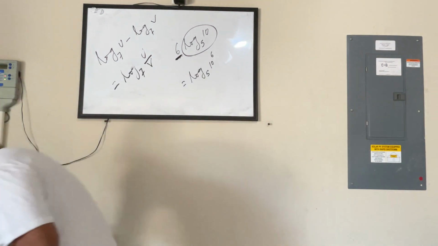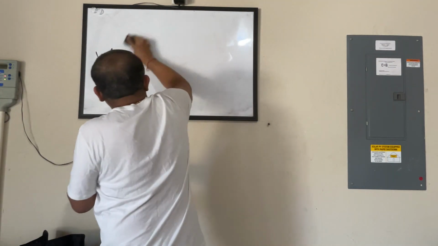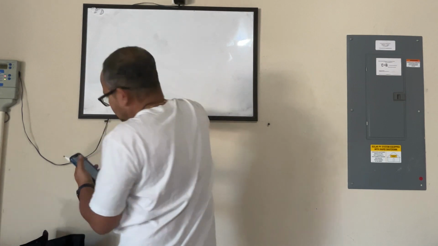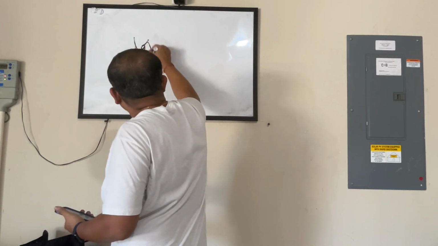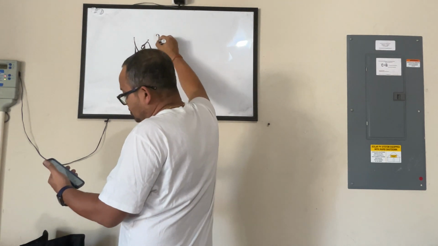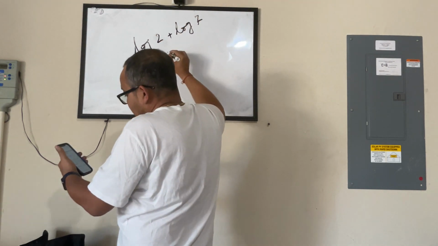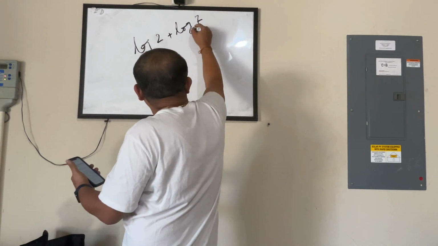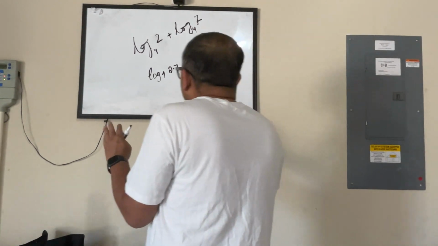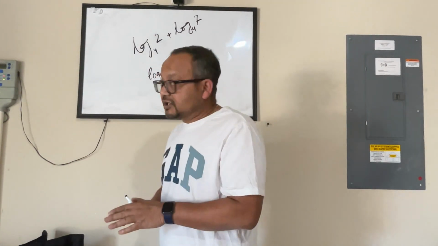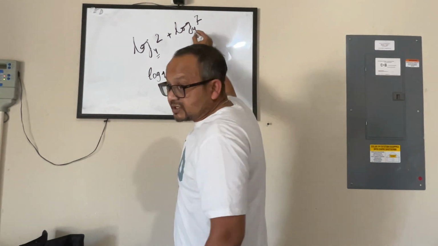Okay, let me give you one so that I feel confident. Log of 2 plus log of 7 with a base 4. Look at this whole thing. Only word of caution is never ever overlook the base.